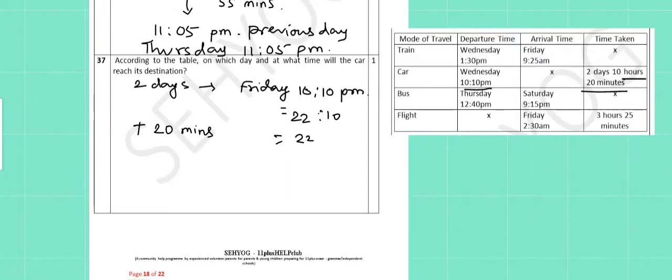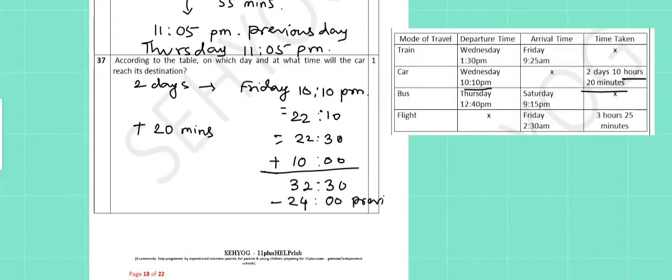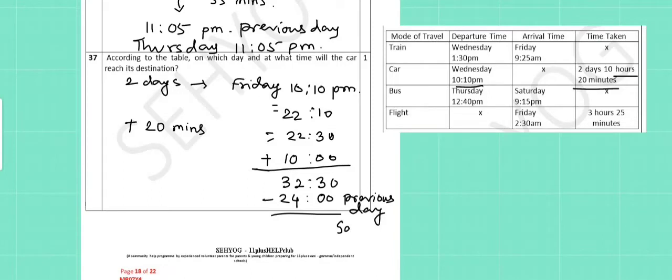So, if we are writing it in 24-hour format, it is 22 hours and 30 minutes. Now, we still have to add 10 hours with it. So, when we add 10 hours, we reach the next day because we were already at night. So, subtracting 24 hours of Friday, we will reach Saturday.